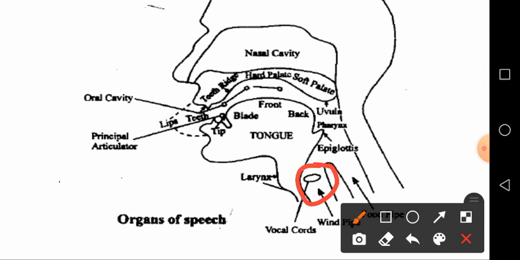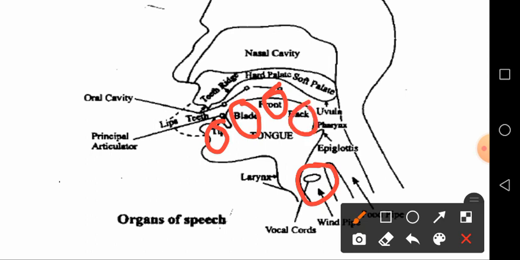Here is a small box-like structure, and it has a tip over it, and it is moving up and down. So, while articulating, the vocal cord also takes part in the pronunciation of words. Even the tongue is used in different aspects: tip, blade, front and back.